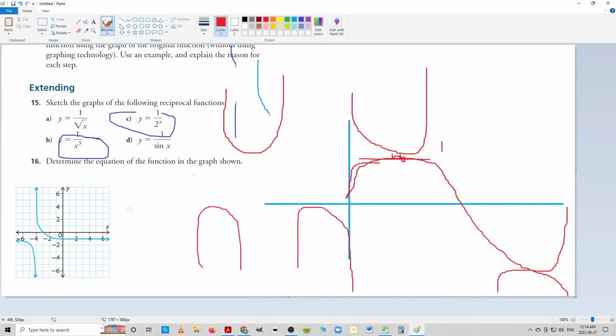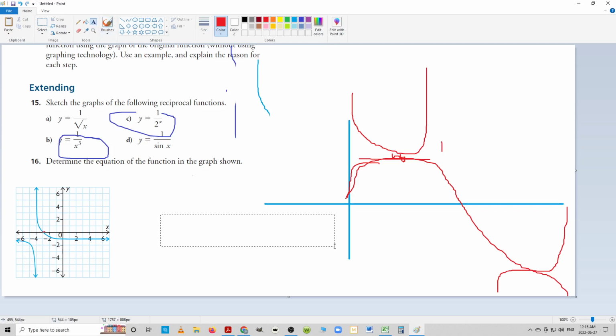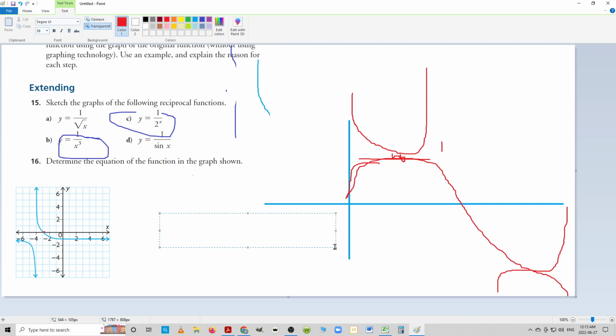Alright, and determine the equation of the function shown here. Okay. Looks like we have an asymptote of x minus 4. I don't see any clear dots, but I'm sure there's some clear dots in there somewhere. Right there. Minus 3 comma 0. So we're talking about x plus 4 is the line. 1 over x plus 4.